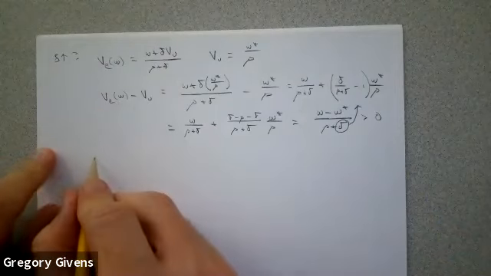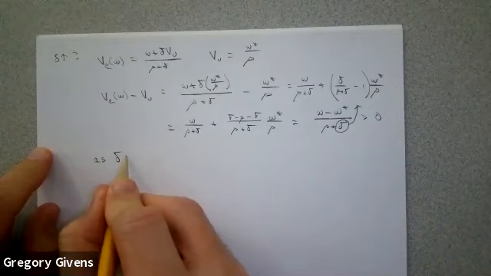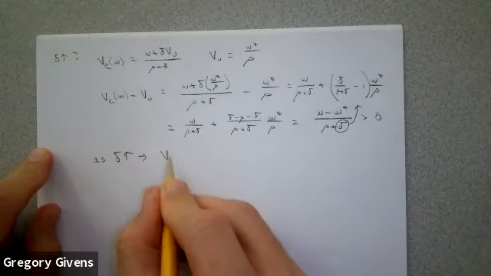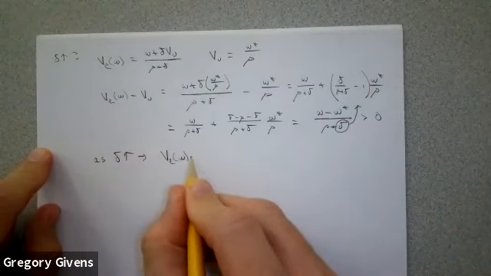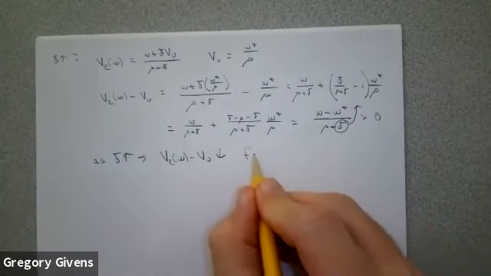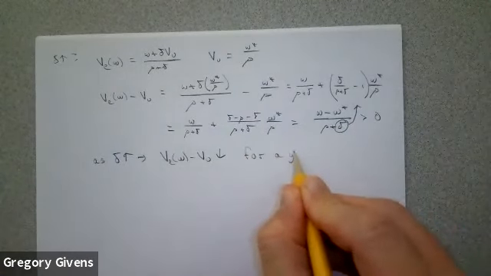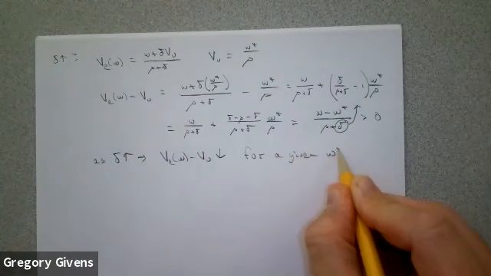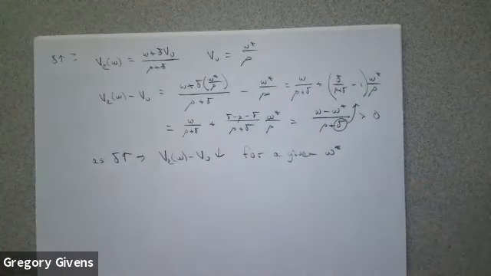It's going to go down. As delta gets bigger, the gap between the value function of an employed and an unemployed person goes down for a given reservation wage, assuming that that is constant.